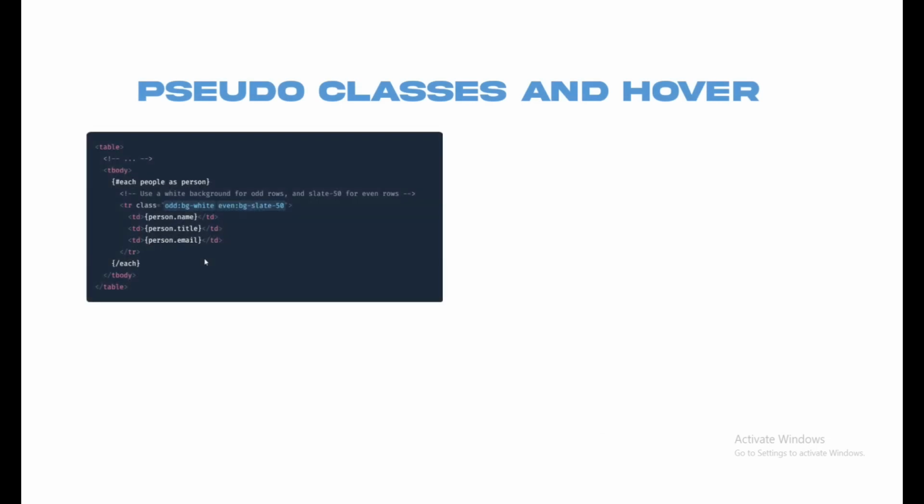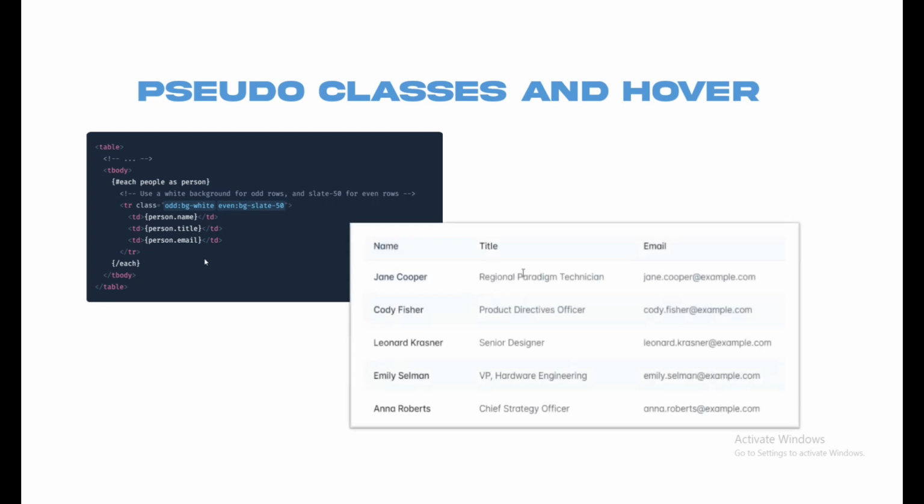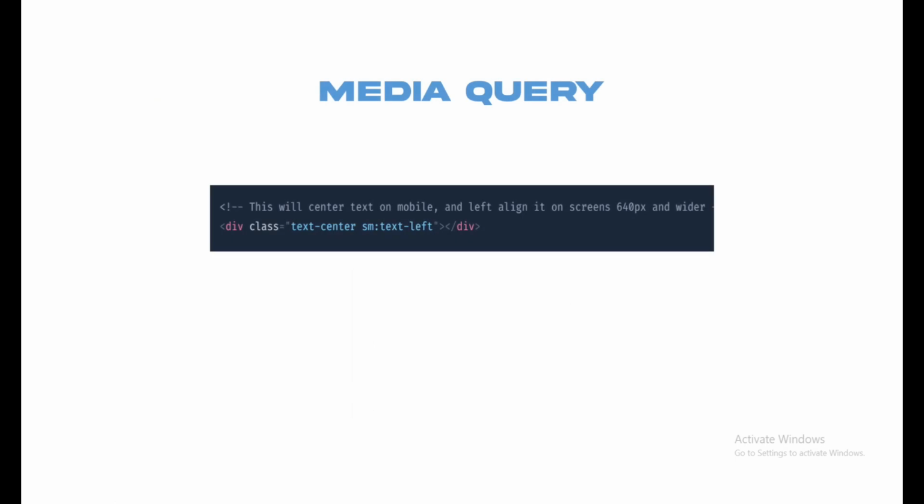There is a table that displays odd and even rows in different colors, a blue and a little bit white. And with media queries, it shows centered on small and medium screens, and below 640 it aligns to the left.